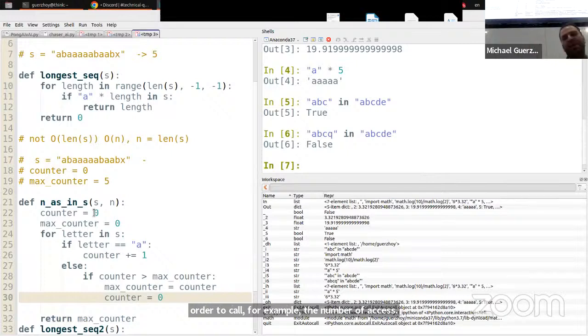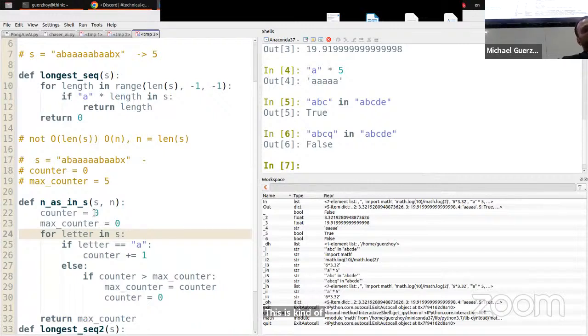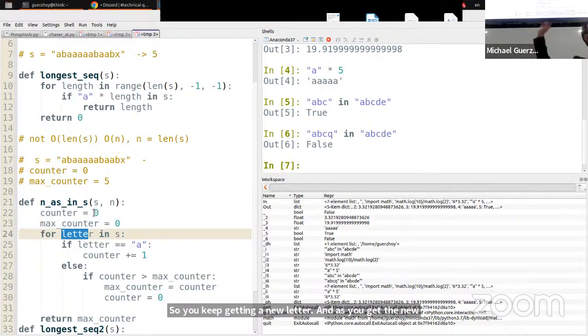Another connection that I want to make here is this is a little bit like project 1, in the sense that you keep getting inputs. You keep getting a new letter. And as you get a new letter, you update your state. You update the counter and you update max counter. In this case, you're just getting the next character from the string, but it's the same style as project one.